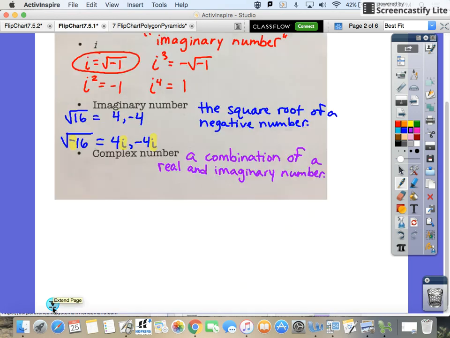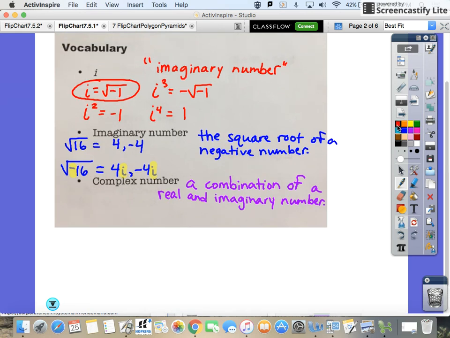The general form is a plus bi. A is the real part, and then this bi is imaginary. They always put the real part first. It's just kind of mathematically agreed upon.